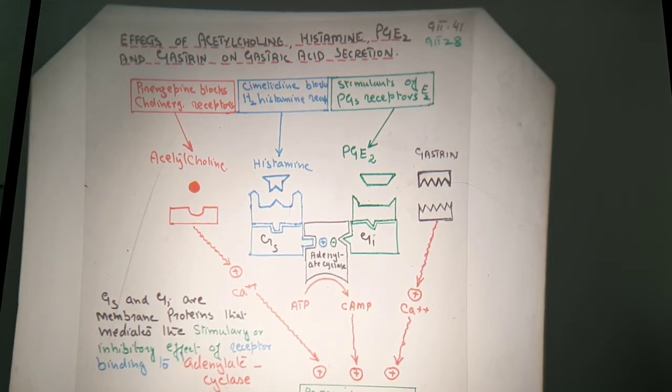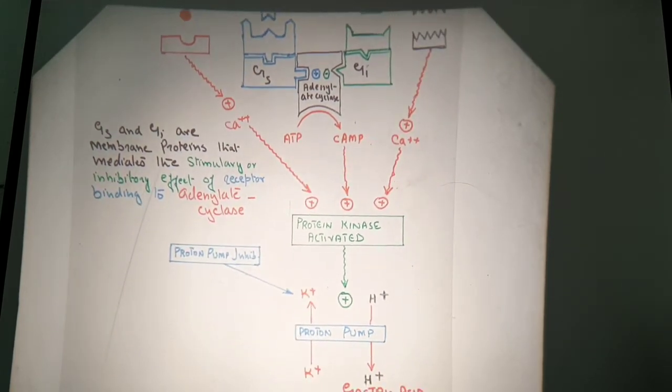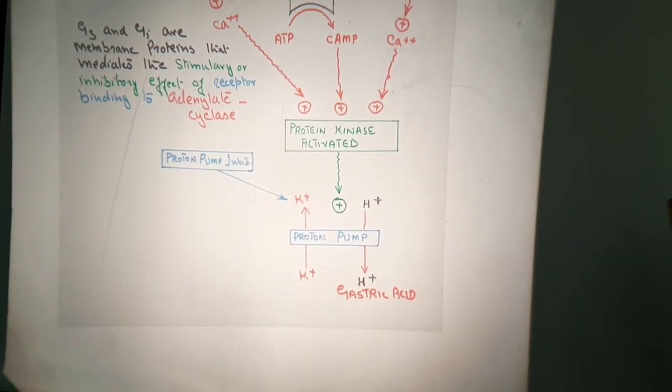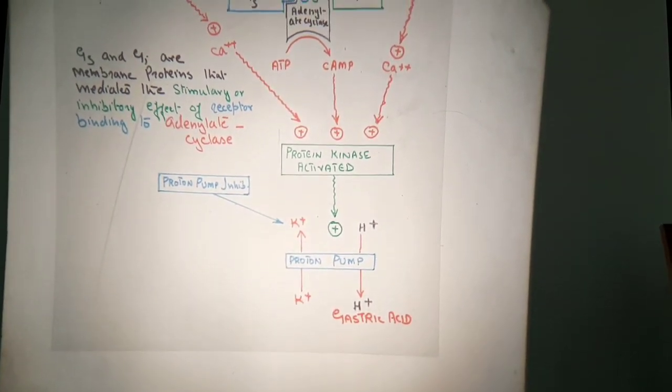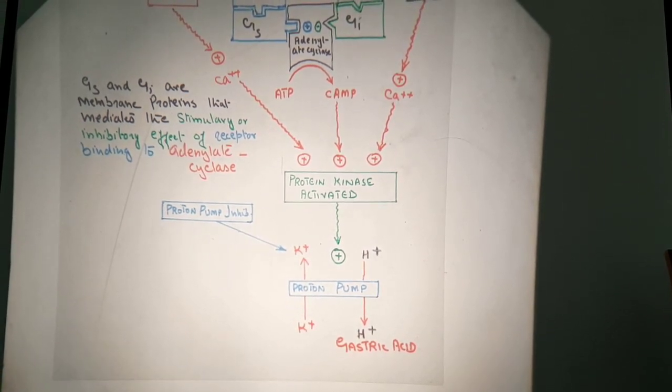These all require calcium ions, ATP, cyclic AMP, and there is the conversion of inactive protein kinase into active protein kinase. The active protein kinase then activates the proton pump. Proton pump means there is exchange of the cations, potassium and hydrogen. That is responsible for an increase in gastric acid secretion.